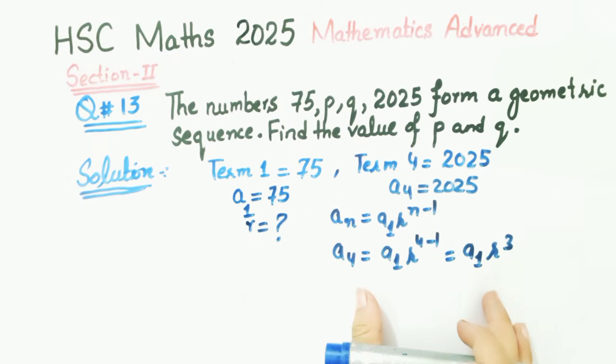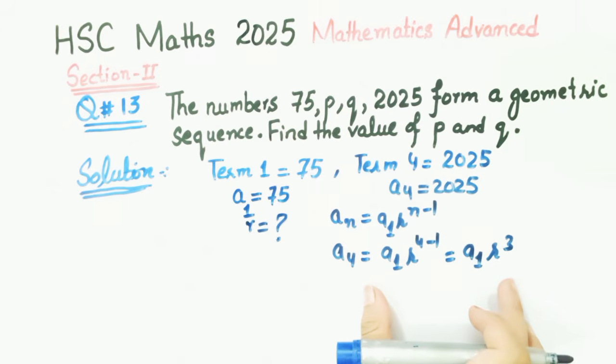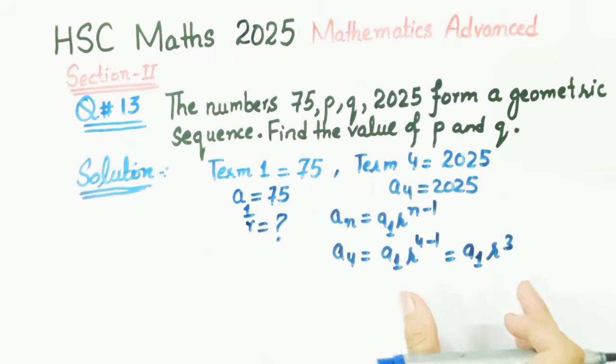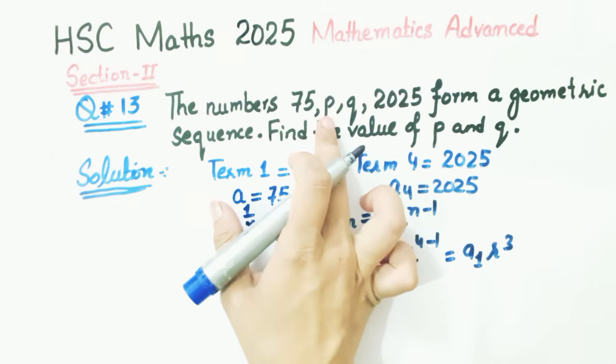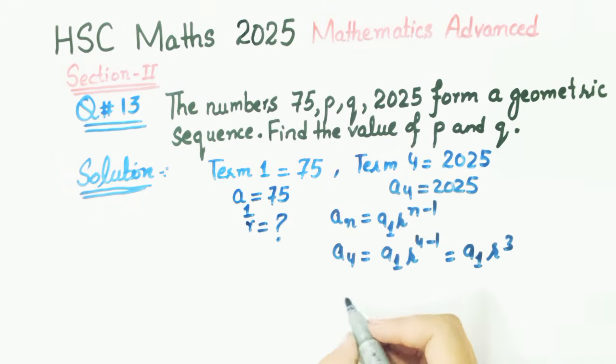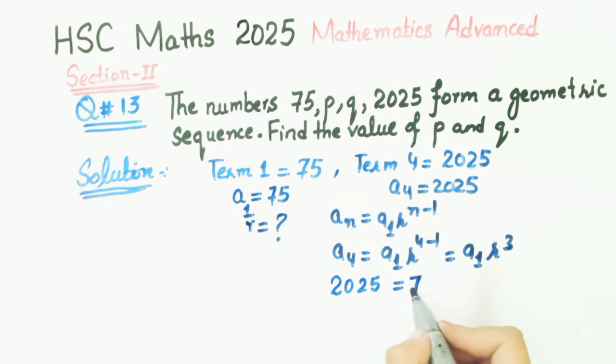Now substitute the values into this equation, then you can easily find the value of R. After finding R, we will substitute in the formula to find the second and third values. So write A4 equals 2025 and A1 is 75 times R cubed.